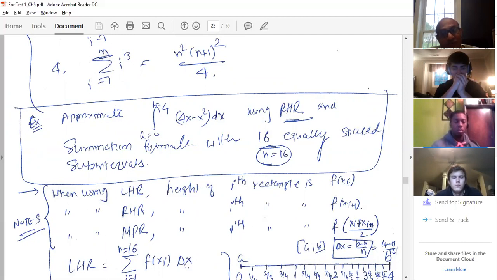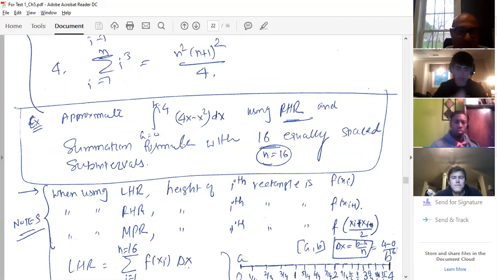So first I took 4 partitions. Now I'm increasing my partitions just to see what answer I get. Look at over here, when using the left hand rule, the height of the ith rectangle.